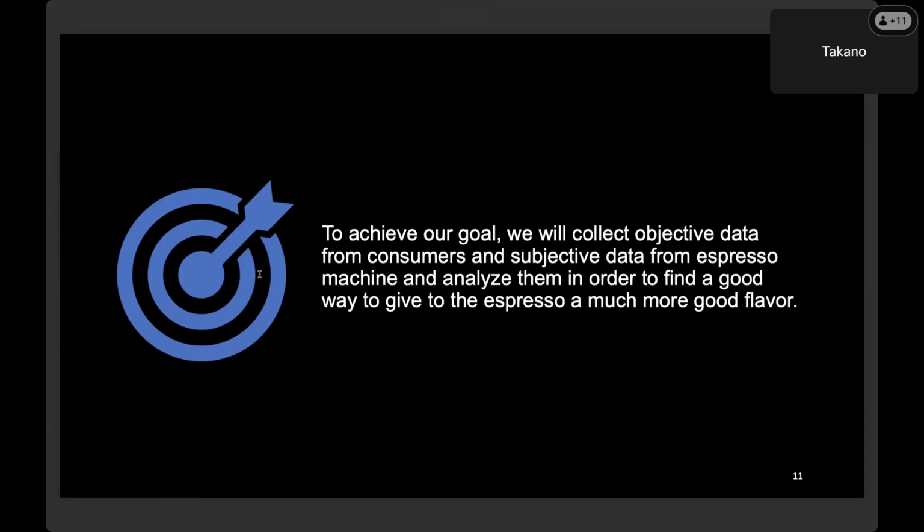In this research, we work together with a coffee shop in Tobu East Mall. In this coffee shop, we have an espresso machine. We can record all the information about the espresso shot. We will extract this data from the machine, and we also do a kind of survey.